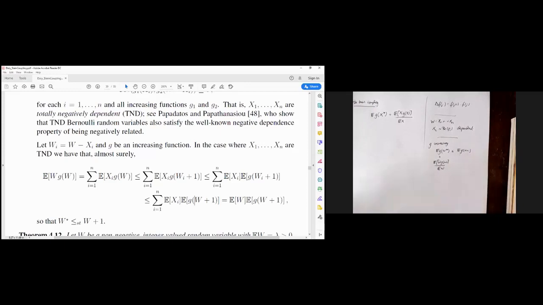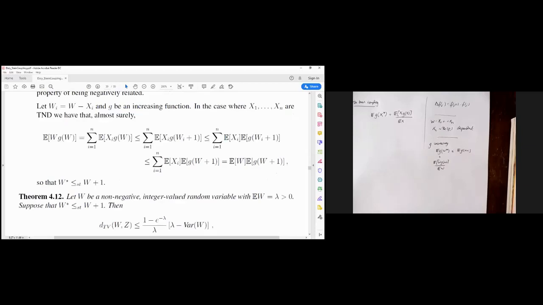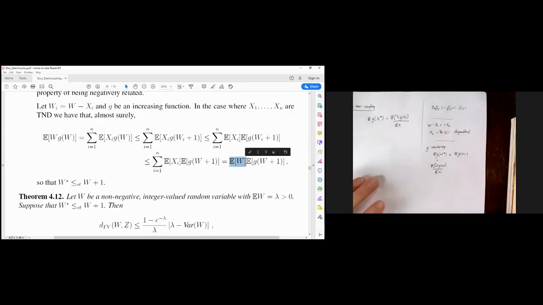So just pulling that expected value over to the other side, if I divide through by the expected value of W, what I've got is this thing here, which is telling me about my size bias version compared to my shifted version here. So when G was increasing, I've got exactly what I wanted.